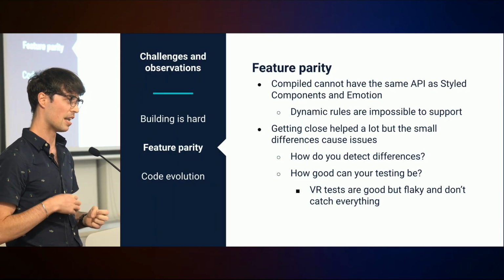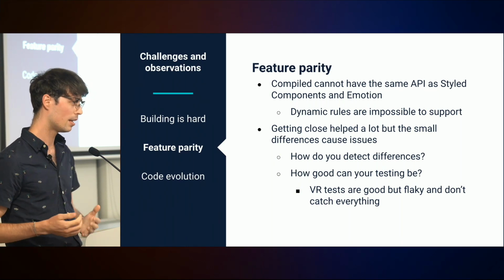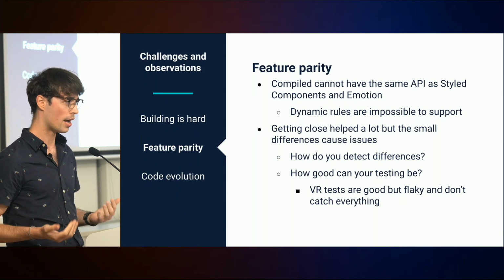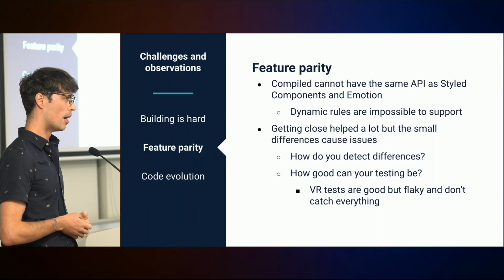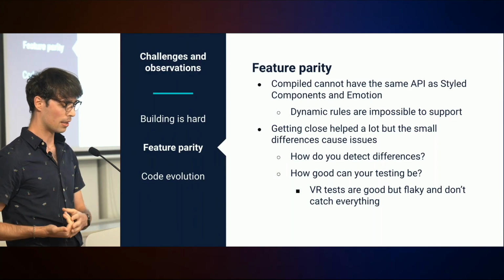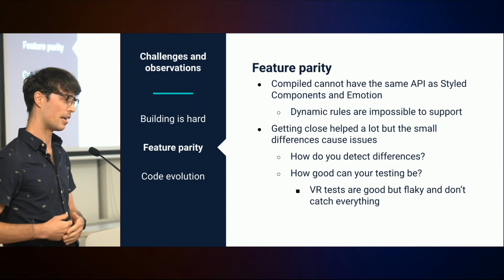This has been a bit of a problem for us because full parity is very, very difficult and not worth it. But when you're migrating an entire company to a new library, full parity makes it much easier, right? But we can't really get that. It's just never going to happen.